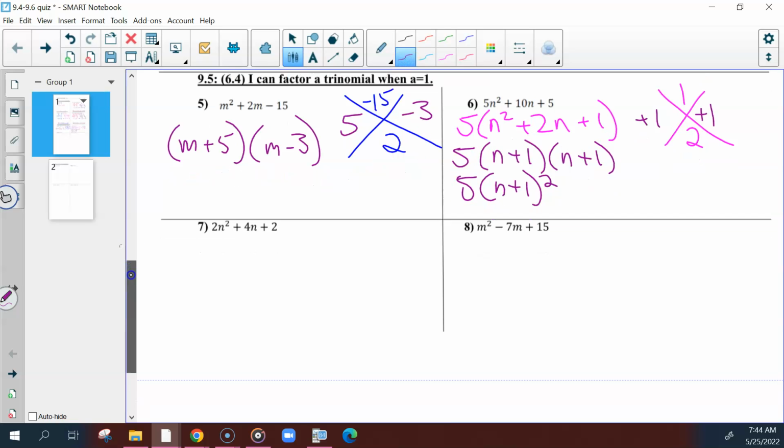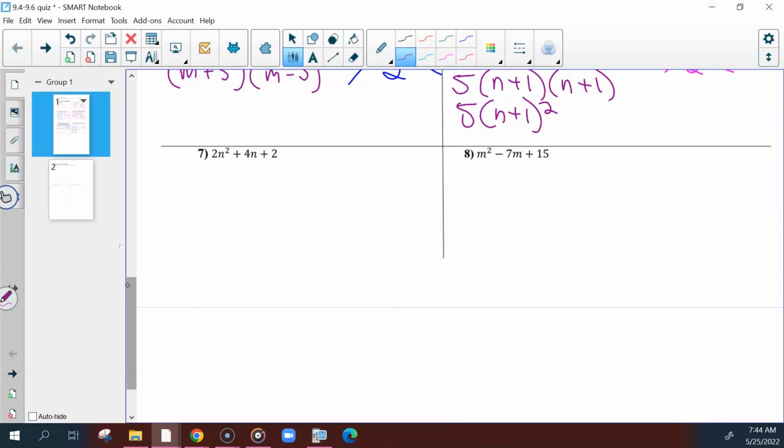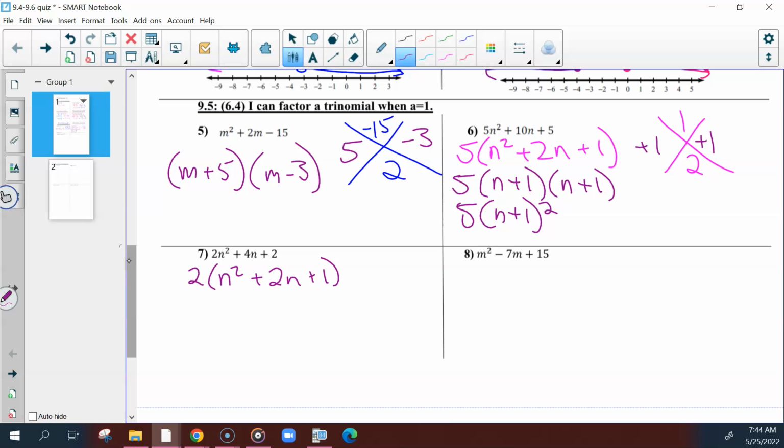For 7, same thing. You would need to factor out the GCF, which was 2. If you divided each of these by 2, you would get n squared plus 2n plus 1. This happened by coincidence that these two had the same inside, which means the numbers that you're going to get are going to be the same.